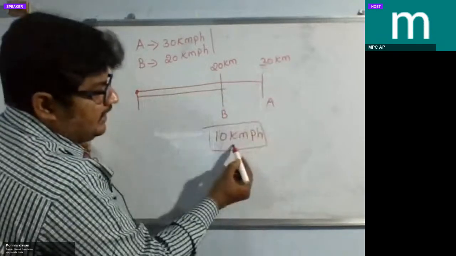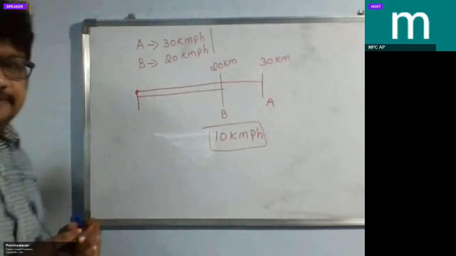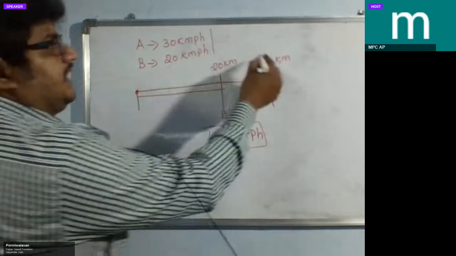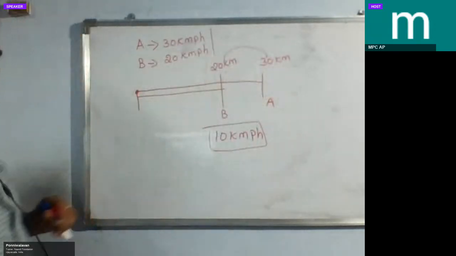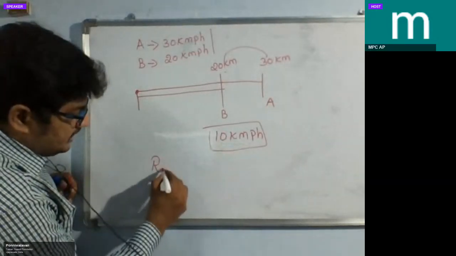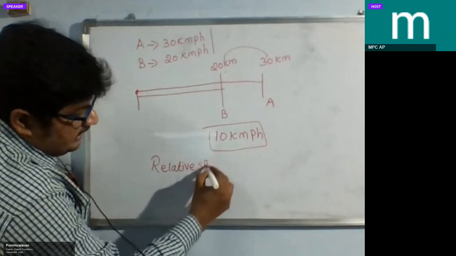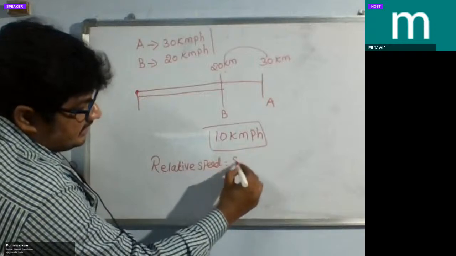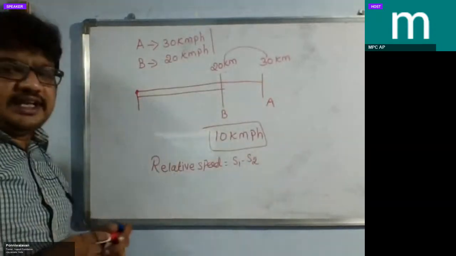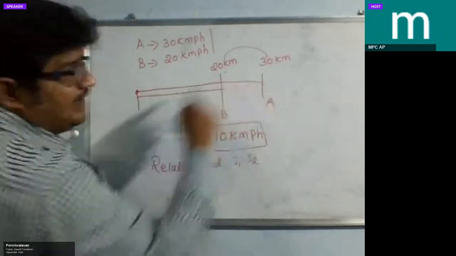So how will you get 10 from 30 and 20? Yes, 30 minus 20, you will get 10. That's why we call it relative speed is S1 minus S2, if they are traveling in the same direction.